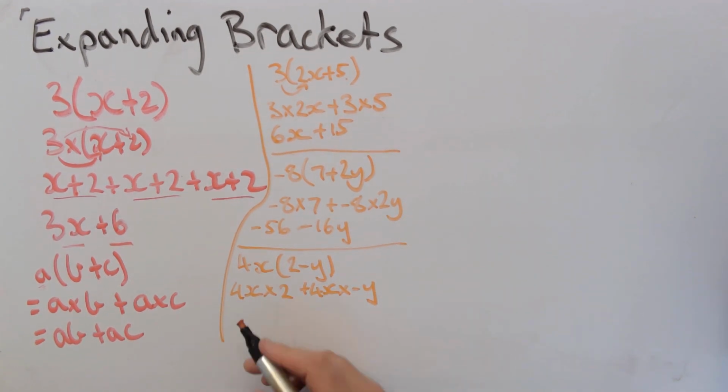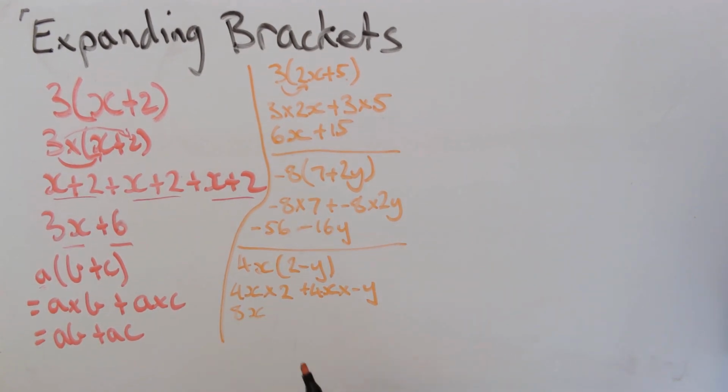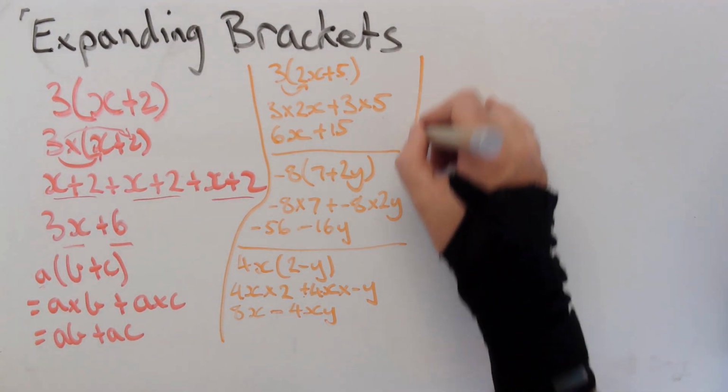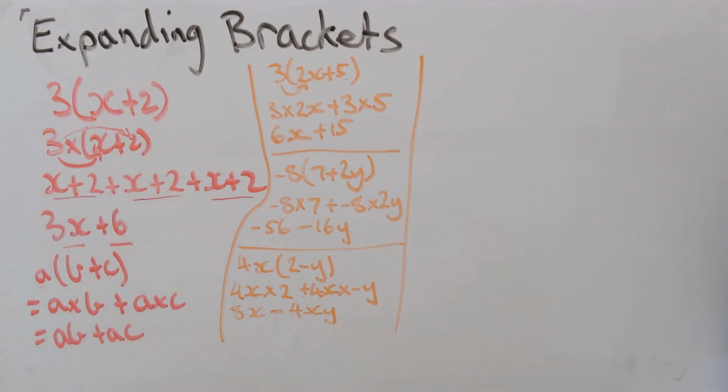Well, 4x times 2 is simply 8x. Positive 4x times negative y is going to give me negative 4xy. Now don't try to do any more than that. That's job done, because 8x and 4xy aren't like terms, so don't try to do more than what you can with these ones.